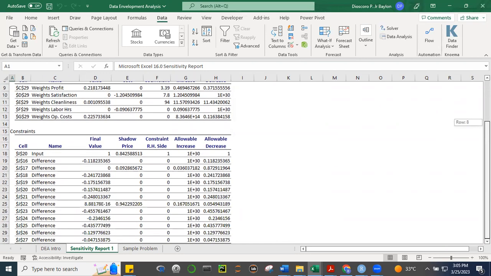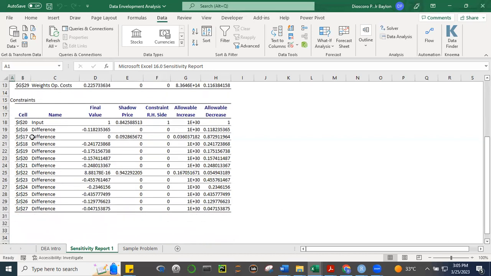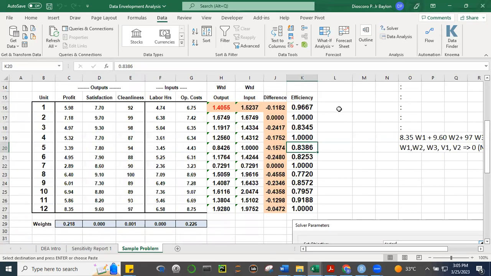All right, and I'll be needing the shadow price. This one. So this one's sa difference, na hindi sa input. I'll be needing this. So Control C, let me copy that, and then let me go to the model itself, and then let me paste it here.